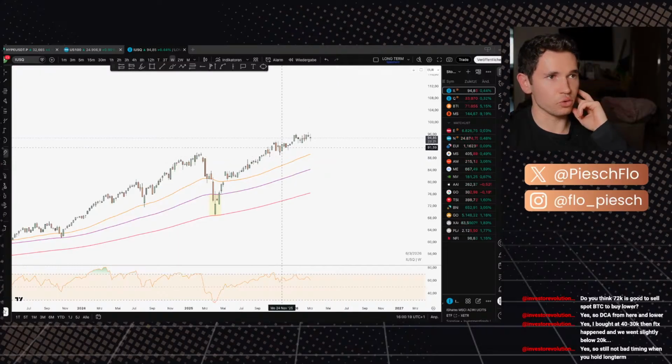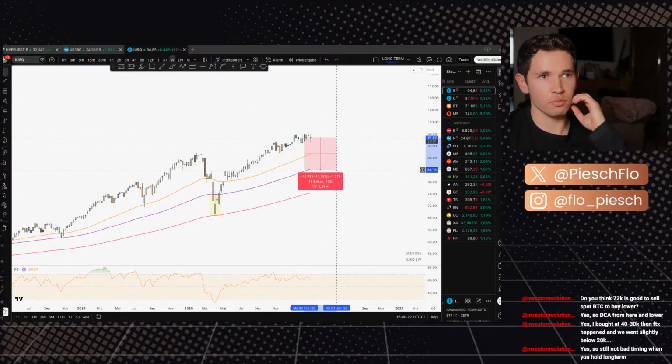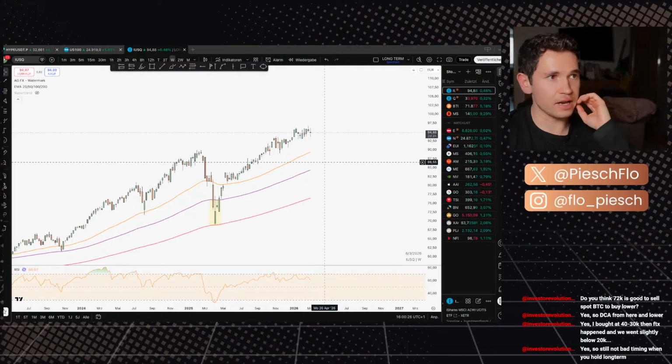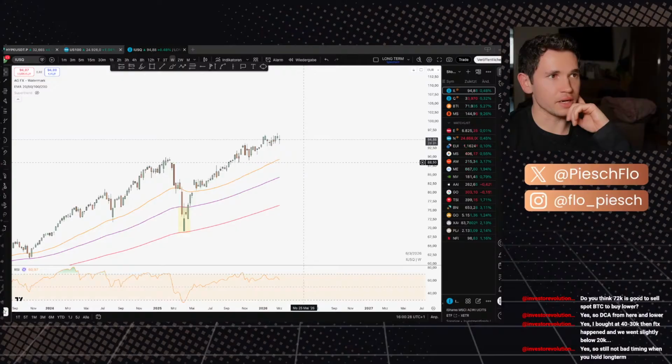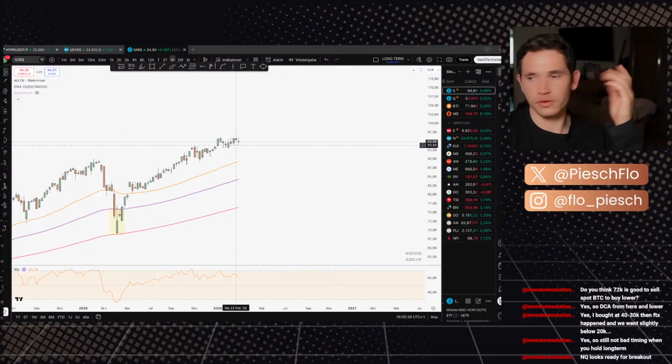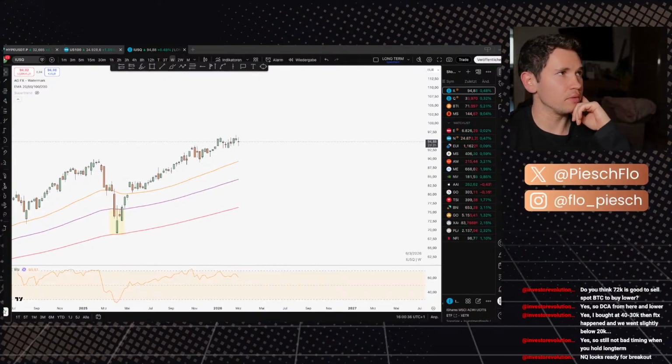Sure, will you get some drawdowns right here? Yes, at some point you have to, but then you just buy more. You get more value for the same amount of money. So you just think in shares and not so much in buying the top, buying the bottom.